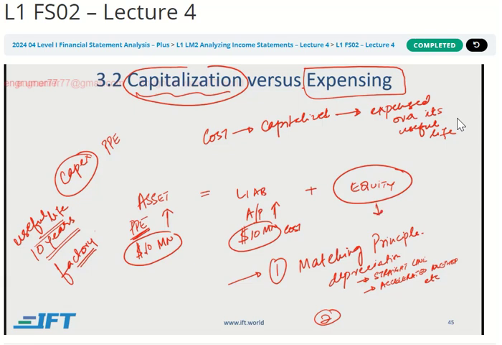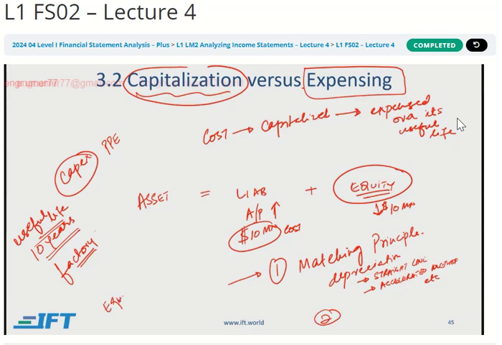So if we will just expense it instead of capitalizing it, the overall value of our company will go down, right? Let's say if we don't record this asset of 10 million and we record this account payable of 10 million, our equity will go down by 10 million, which means our company's worth is going to look really bad, because the net worth of our company is basically the value of its equity, right?